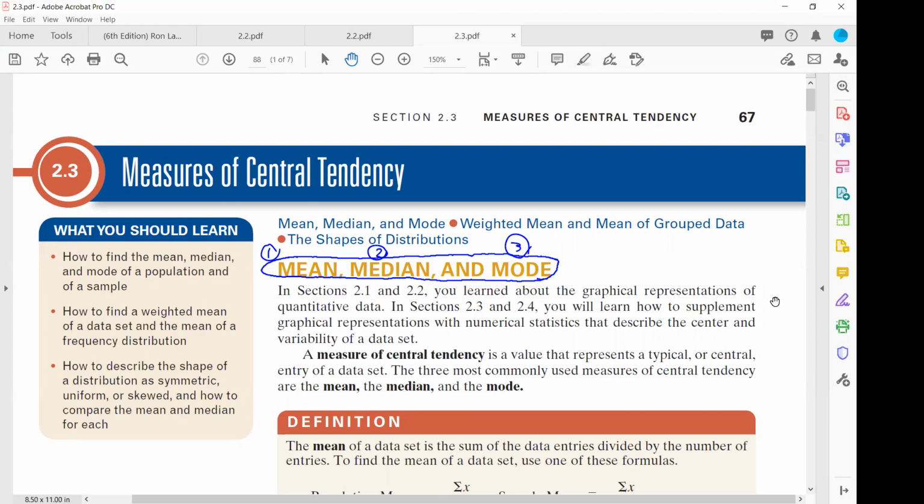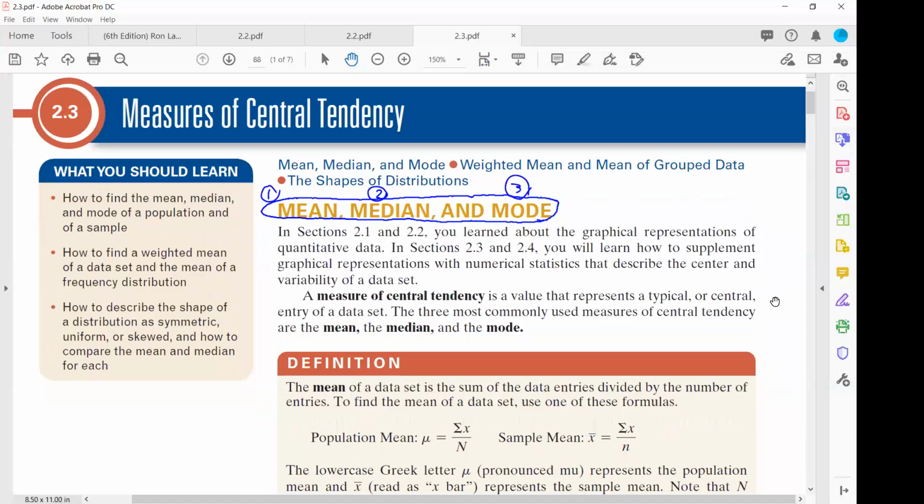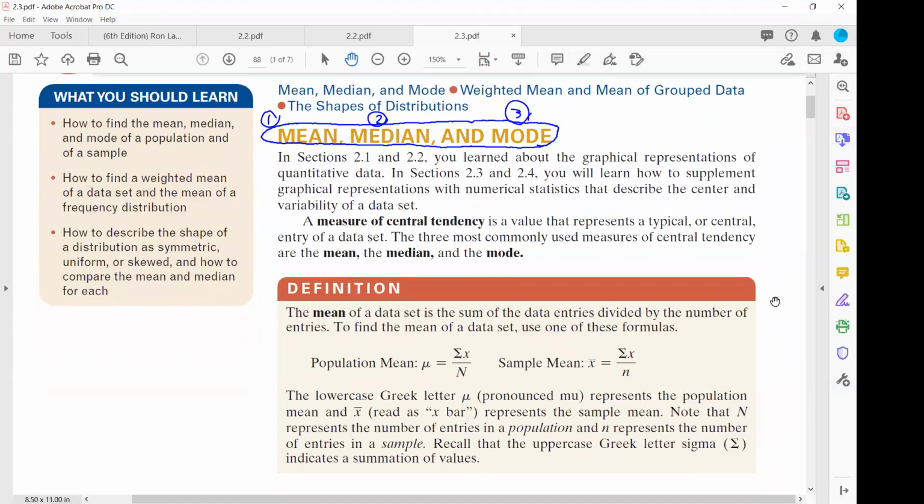The 3 most commonly used measures of central tendency are the mean, the median, and the mode. Definition. The mean of a data set is the sum of the data entries divided by the number of entries. To find the mean of a data set, use one of these formulas, population mean.